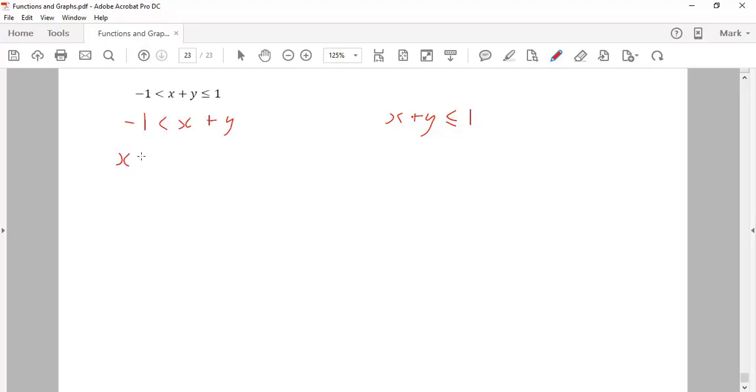So when you swap it around, you've got to switch the sign. So this one you get y is greater than negative x minus 1. And this one, y is less than or equal to negative x plus 1.